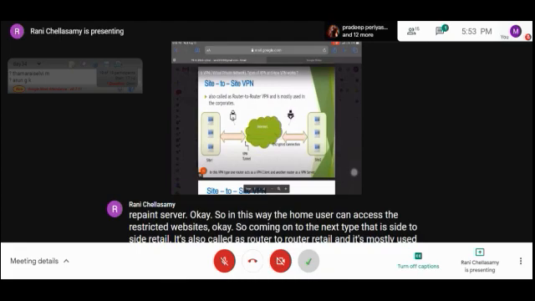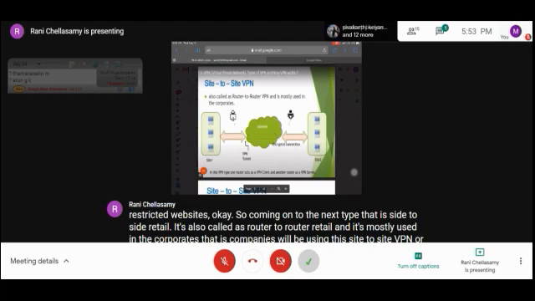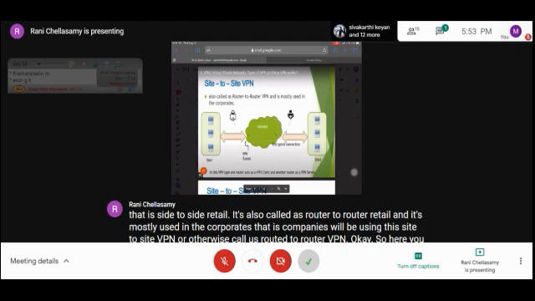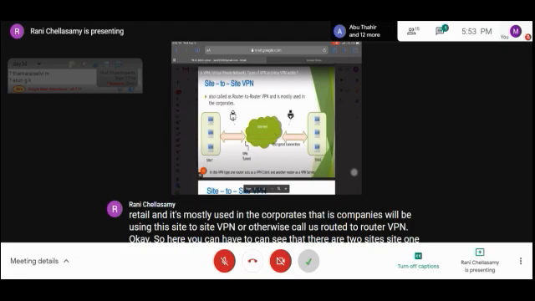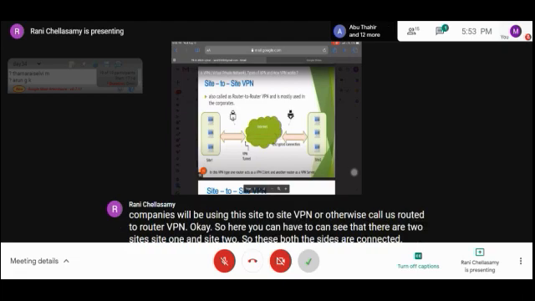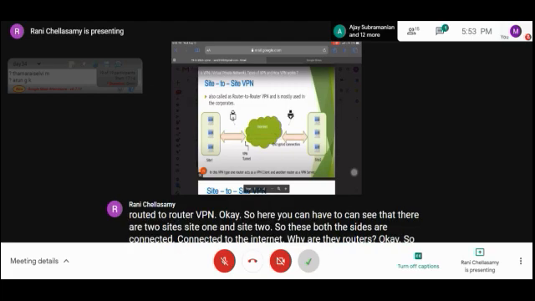Okay. So here you can see that there are two sites, site 1 and site 2. Both the sites are connected to the internet via their routers. Okay. So one side router will be acting as a VPN client, and the other side router will be acting as a VPN server.